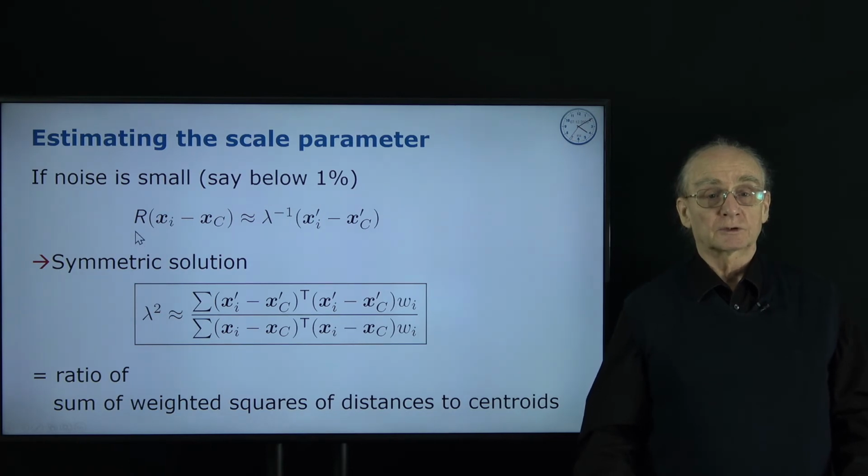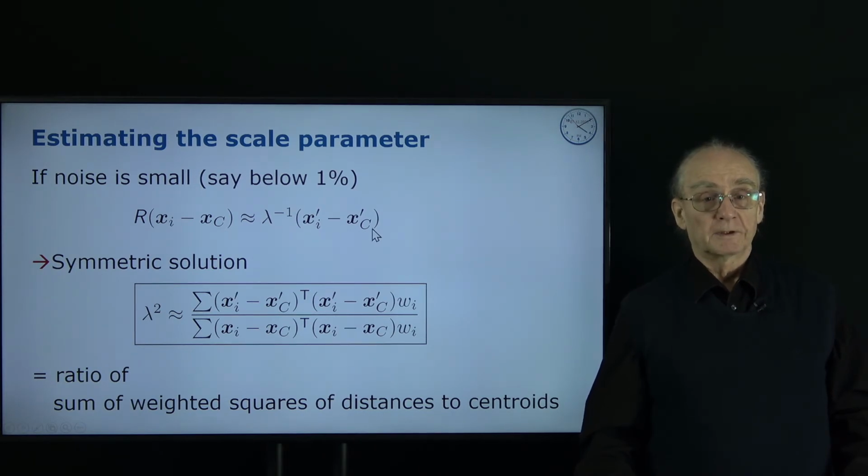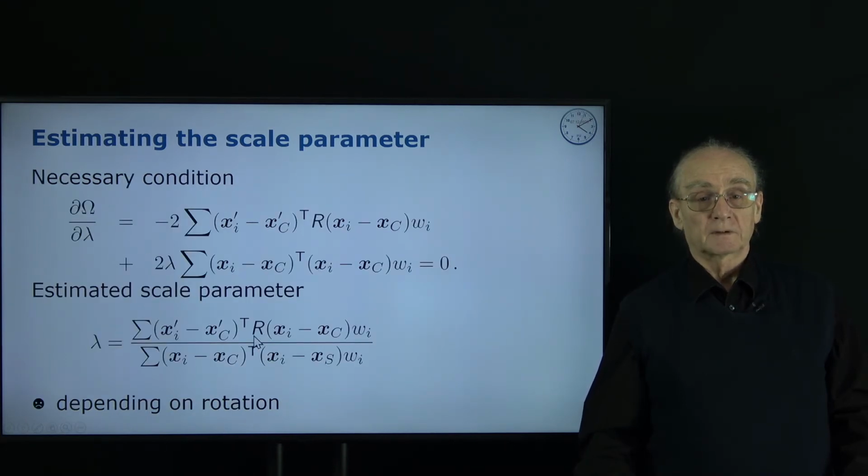Then we know that the rotation multiplied with the difference of the given coordinates with respect to the center is lambda power minus 1 multiplied with xi of the observations referring to the center. So if we now plug in R multiplied with this difference equals lambda power minus 1 multiplied with this difference, we can put this expression out.